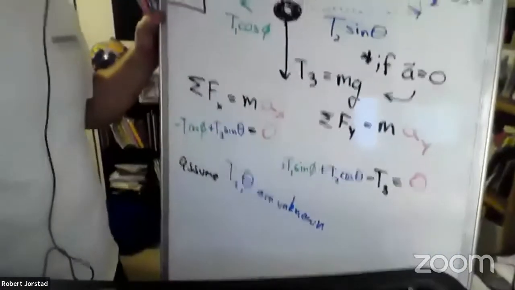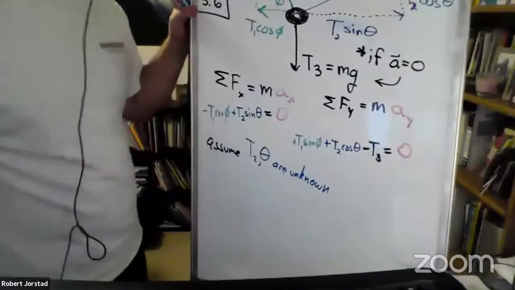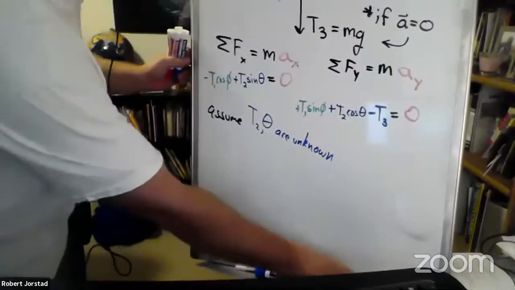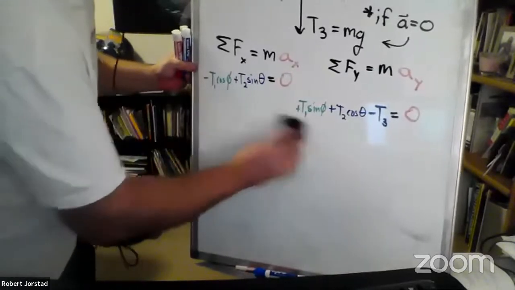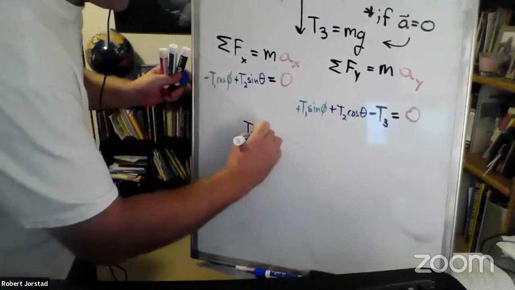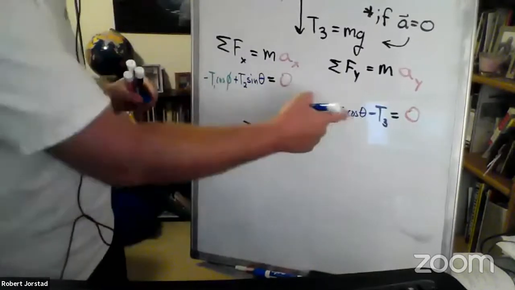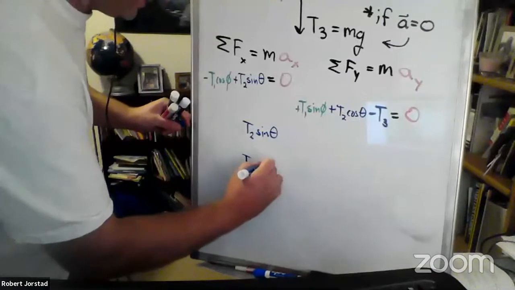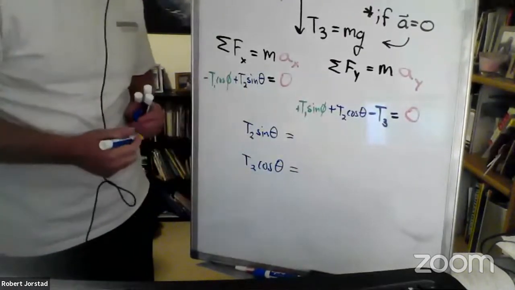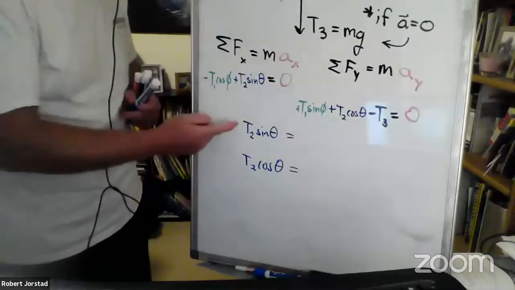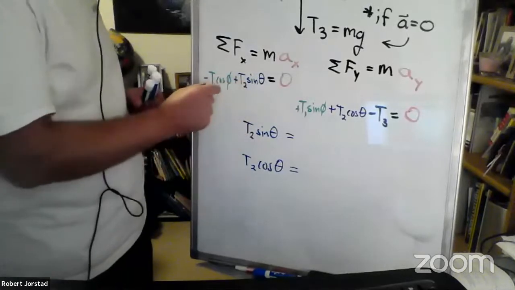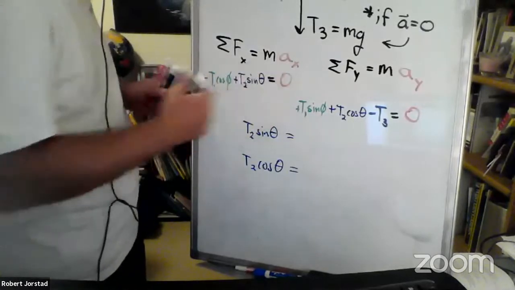So in this case, what you could do, I isolate this one, and I isolate that one. The idea is we want it to look like this so that we could take the ratio and get rid of T2 really quickly. If I do that to this first equation, all I have to do is move this one to the other side. Ding.